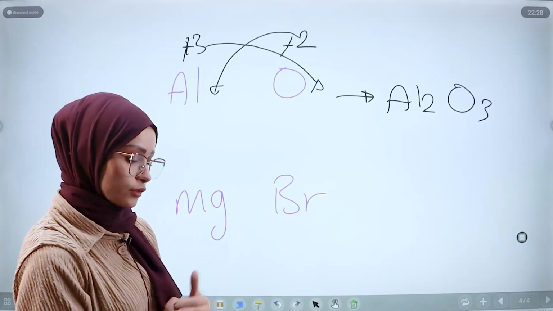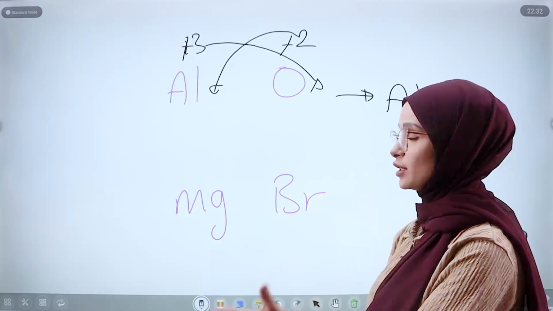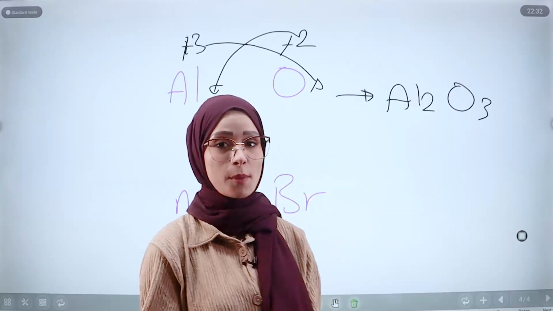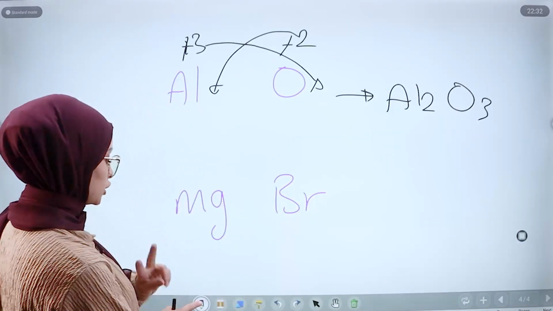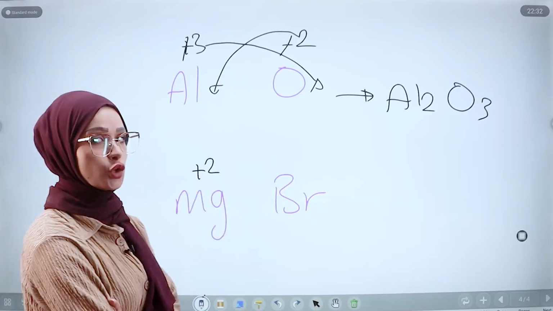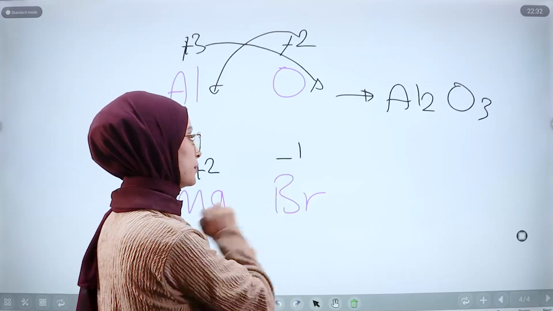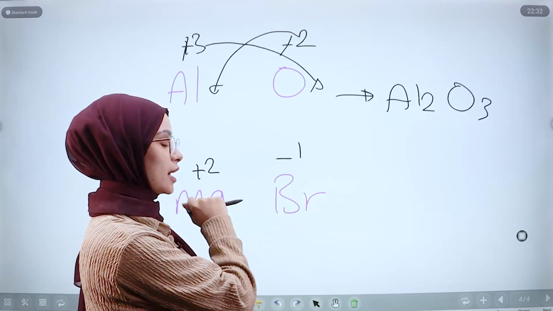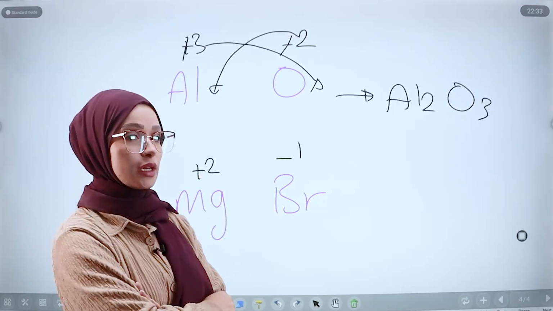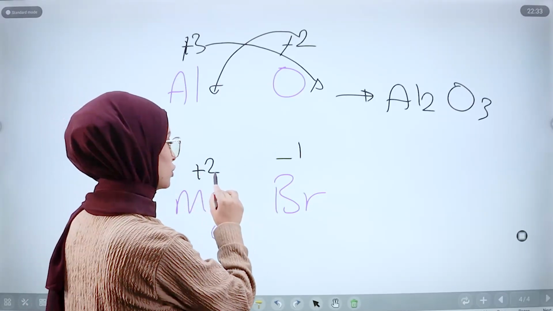Okay, now let's move to the other example. The other example that we explained before by drawing is magnesium bromide. Magnesium is in group number 2, so it has a charge of +2. Bromine is in group number 7, so it has a charge of -1. Then you don't take the sign, positive or negative, you only take the numbers and you do cross multiplication.